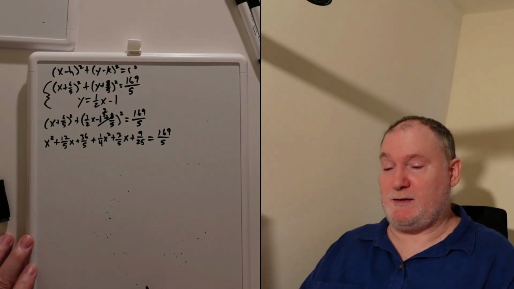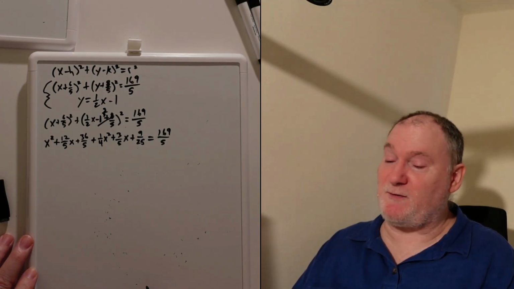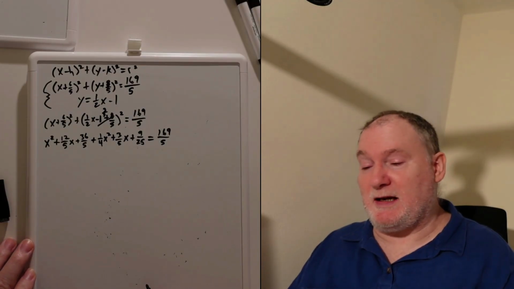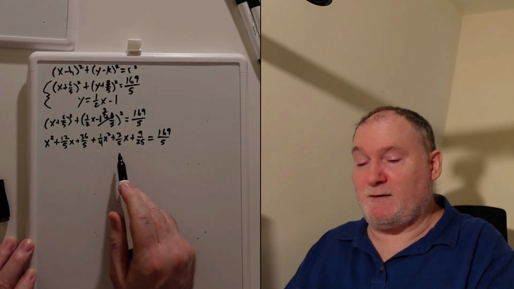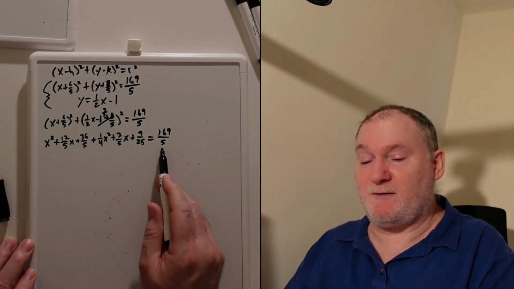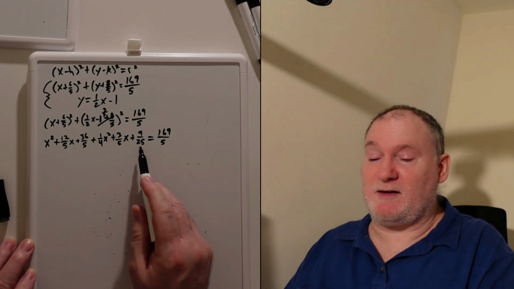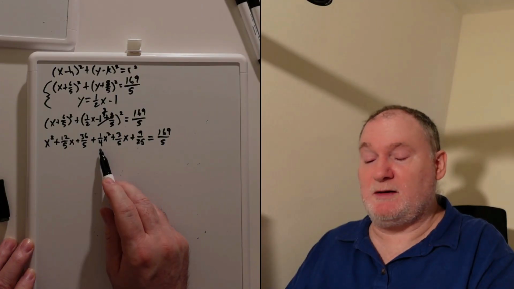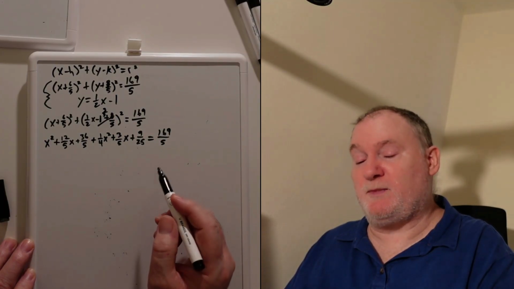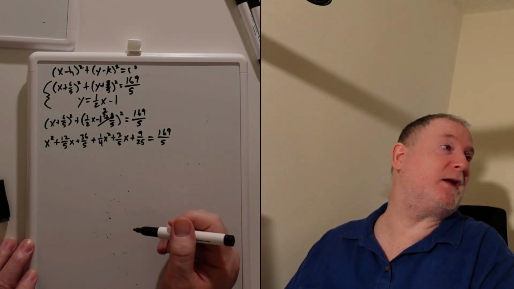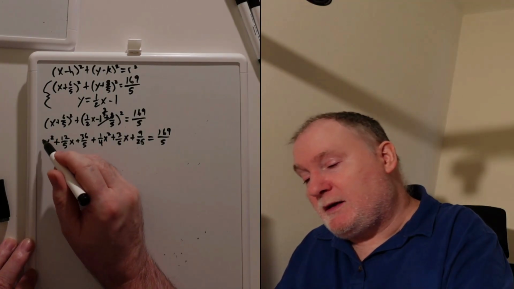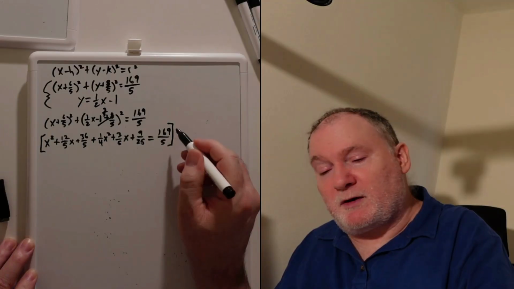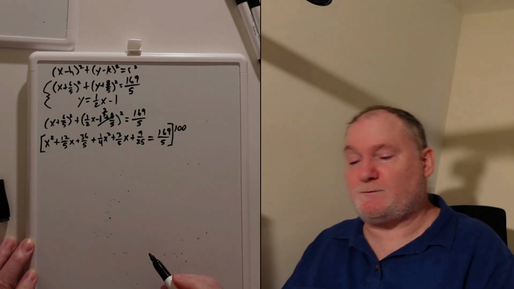All right. Well, there's a bunch of fractions. So what is the least common denominator? We've got 4, 5, 25, and 5. This gives us a pair of 5s, and this gives us a pair of 2s. So 4 times 25 is 100. So our LCD is 100. So I'll put a bracket around this whole thing, and we're going to multiply it by 100.